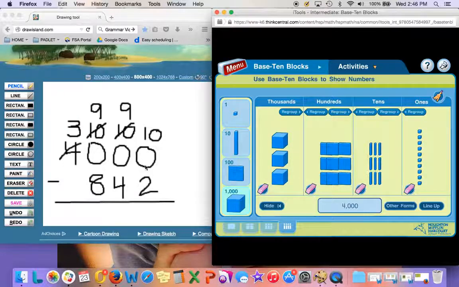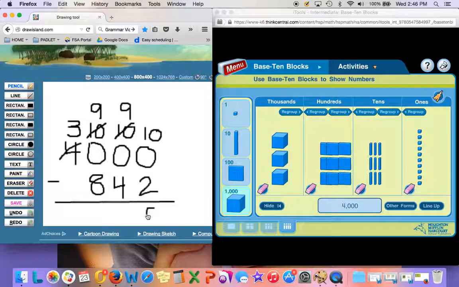So 10 ones take away 2 ones gives me 8 ones. 9 tens take away 4 tens gives me 5 tens. 9 hundreds take away 8 hundreds leaves me with only 100 there.